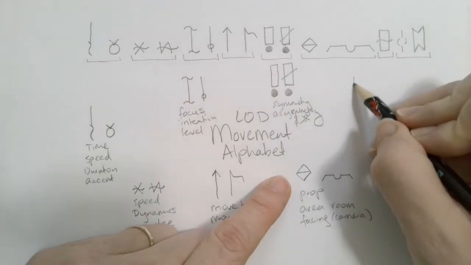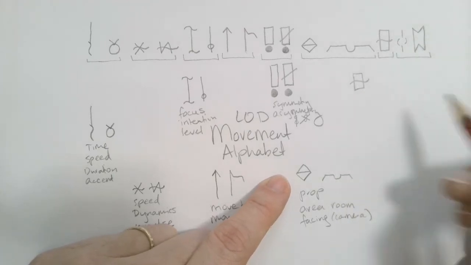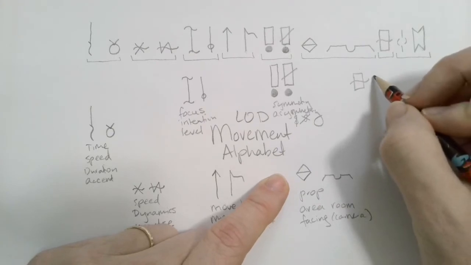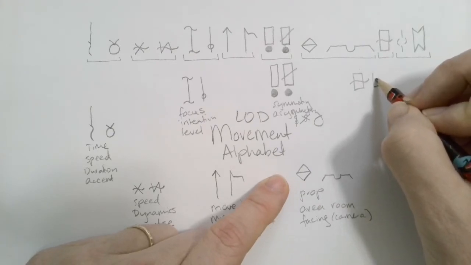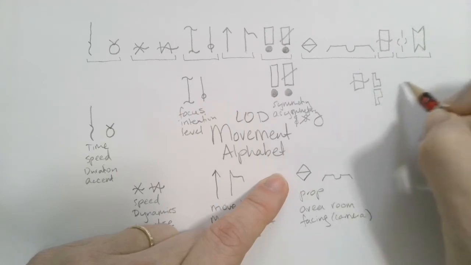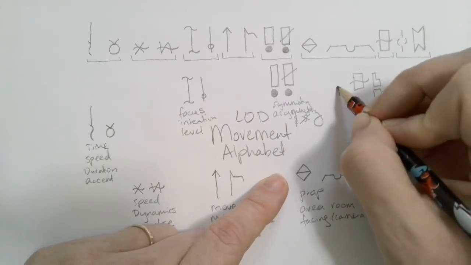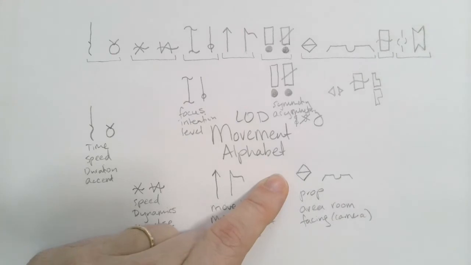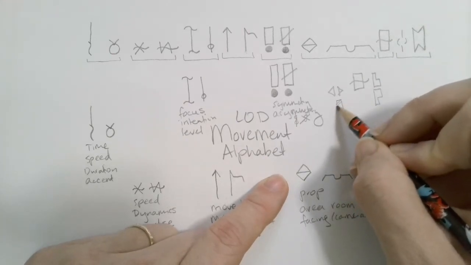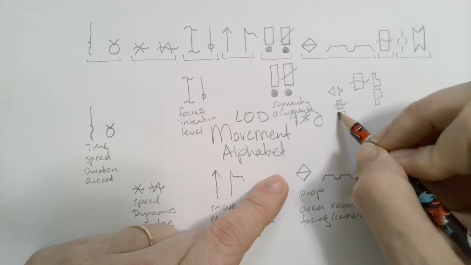Now, I mentioned that direction I tend to use by itself because I find any direction can be very general for a lot of students. So what I actually like to do is pair them, such as forward and back, or side right and side left, things like that. Or I might pair high level and low level.